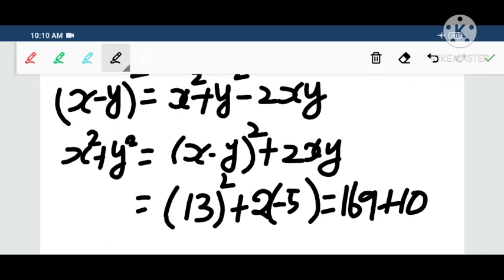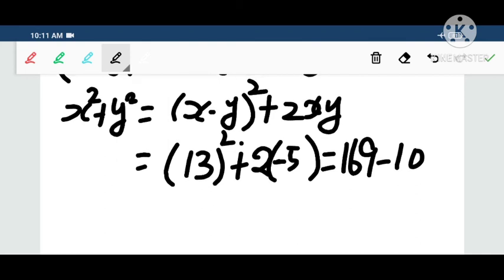Here you can see plus into minus becomes minus, so you have to concentrate on the symbol, you get minus 10. Plus into minus, minus 10. If you subtract 169 minus 10, you get 159. So x square plus y square is nothing but 159.